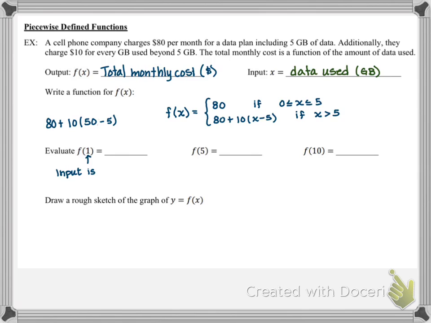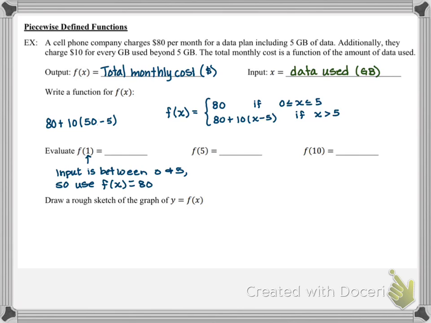So when I look at f of 1, I think to myself, my input is between 0 and 5. So we're going to use f of x equals 80 as our function.